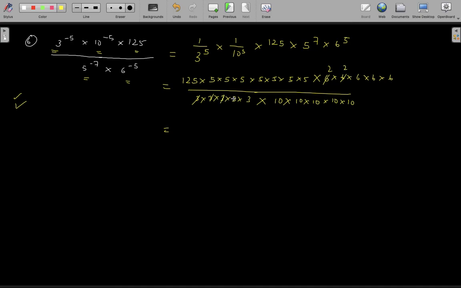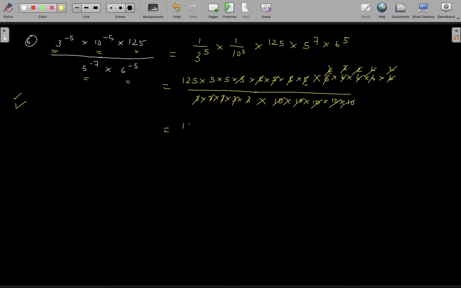Again you have 3s and 6s, each going 2 times. And 5 times 2 is 10, so one 10 and one 5 and 2 will make it 10. Again 5 times 2 makes another 10, and so on for each remaining pair.